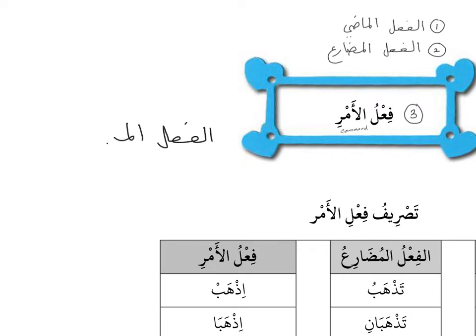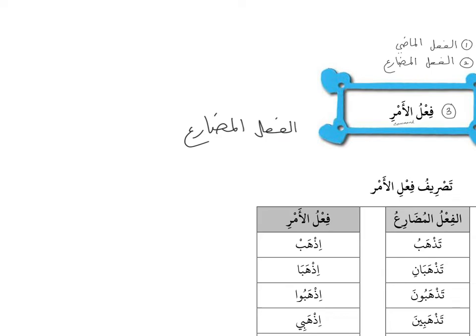Without knowing the فعل مضارع, it is a bit difficult to figure out what is the فعل الأمر. So basically the فعل الأمر comes from فعل المضارع. That is the first thing.